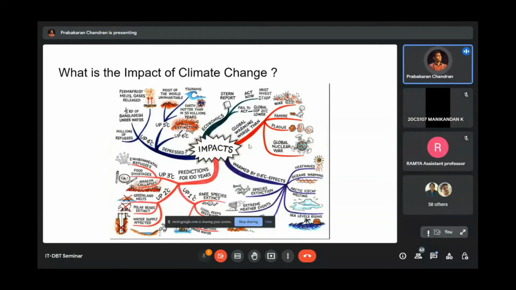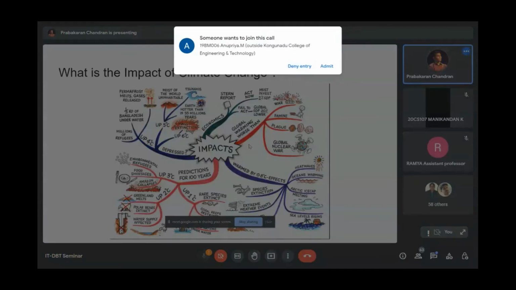When we have a temperature rise of around 2 degrees Celsius or more, it will actually impact the water supply, like groundwater levels, a lot of forest fires will happen, and glaciers will start melting, right? And that is one known fact, that for the next 100 years, this is going to happen.